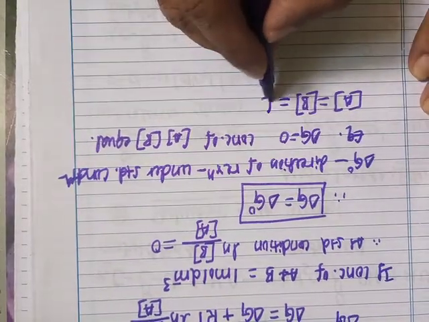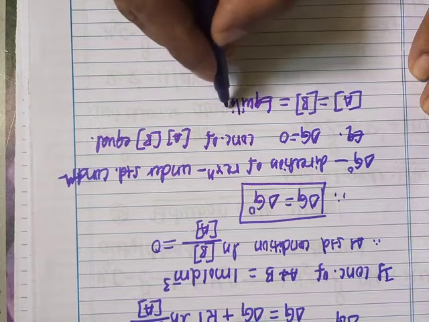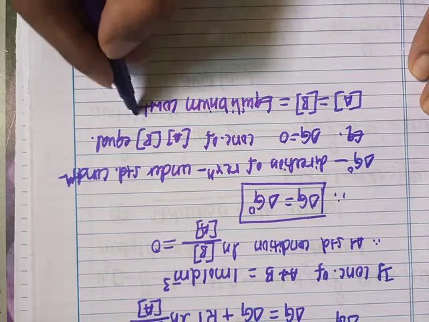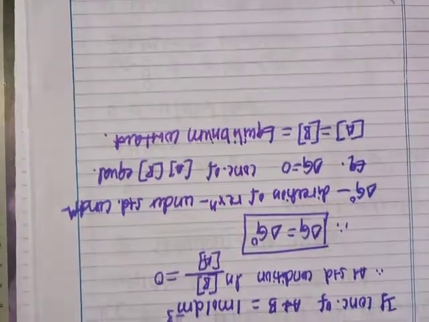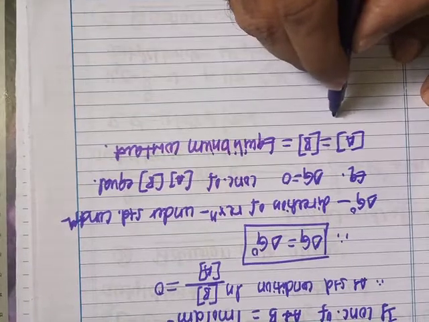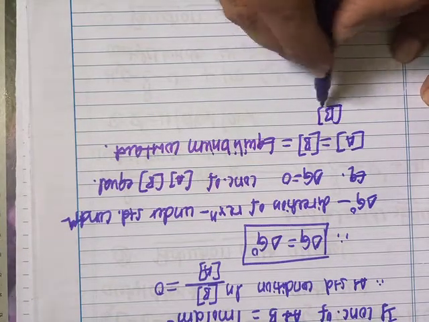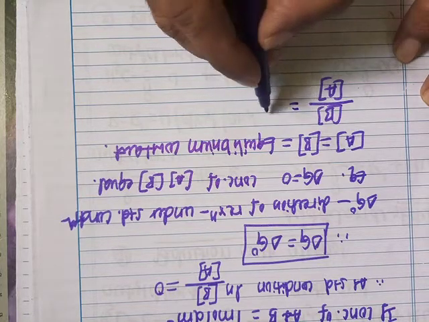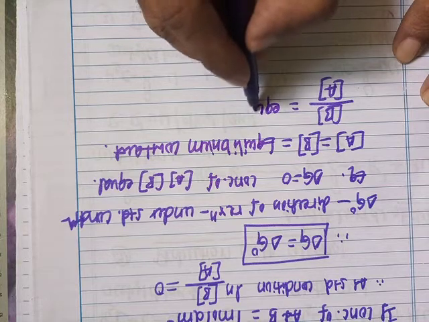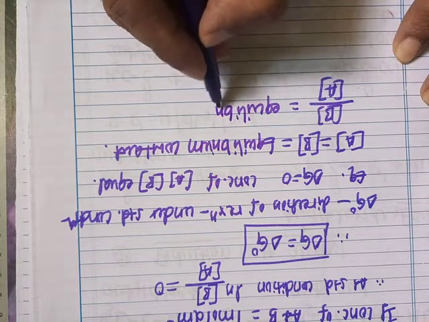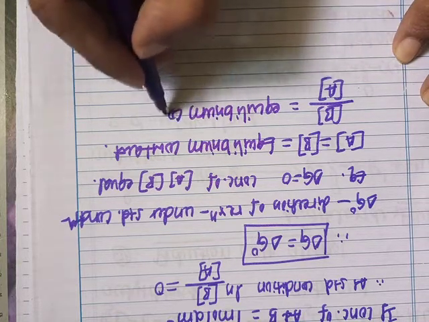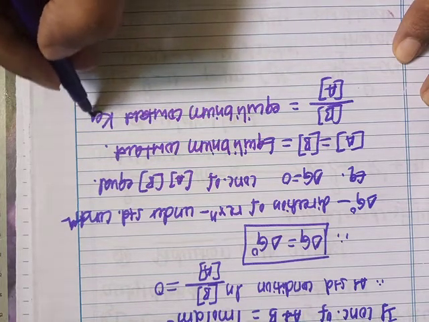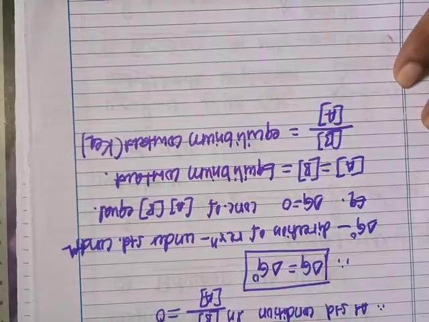So that is the equilibrium constant, or the concentration of B divided by concentration of A is equal to the equilibrium constant Keq.